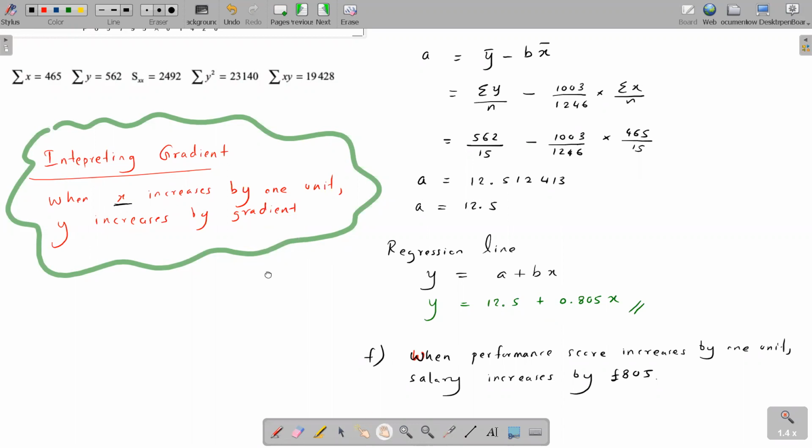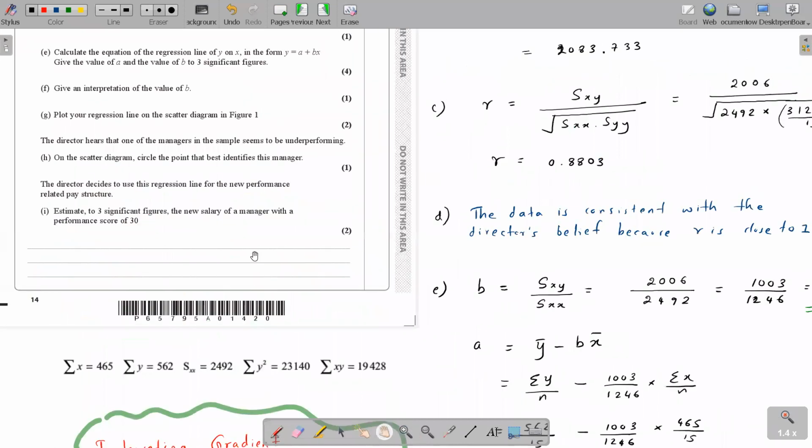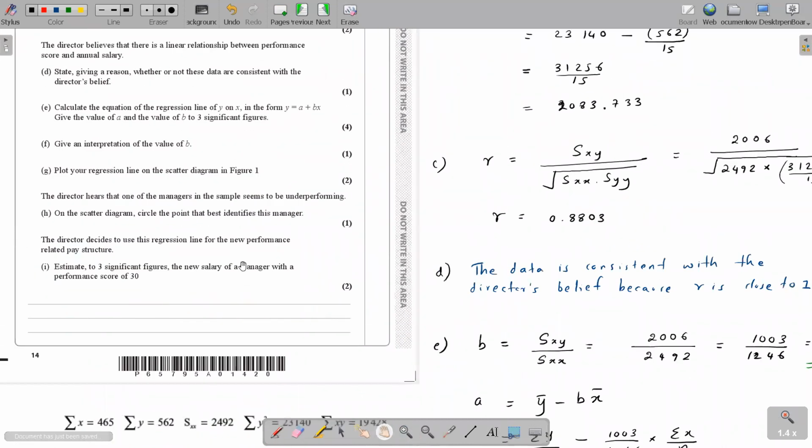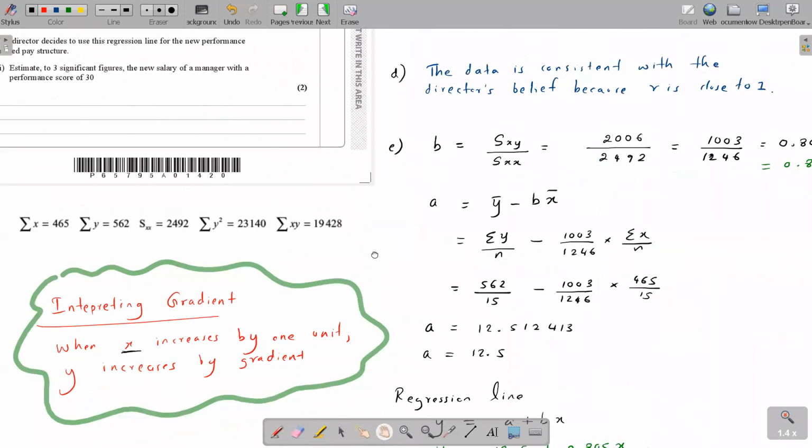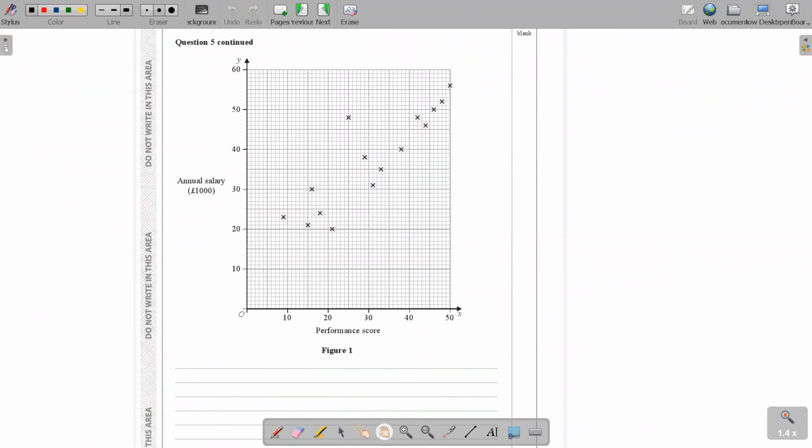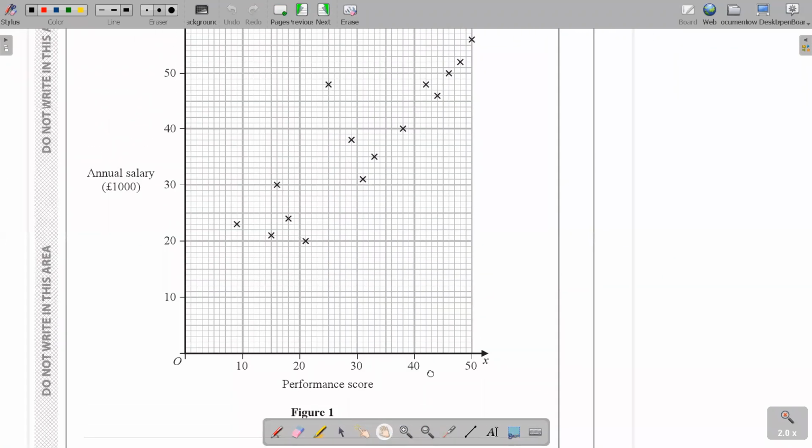Okay, then the next one, children. Plot your regression line on the scatter diagram in figure 1. Shall we draw the regression line? So I'll bring the figure 1 to this side.